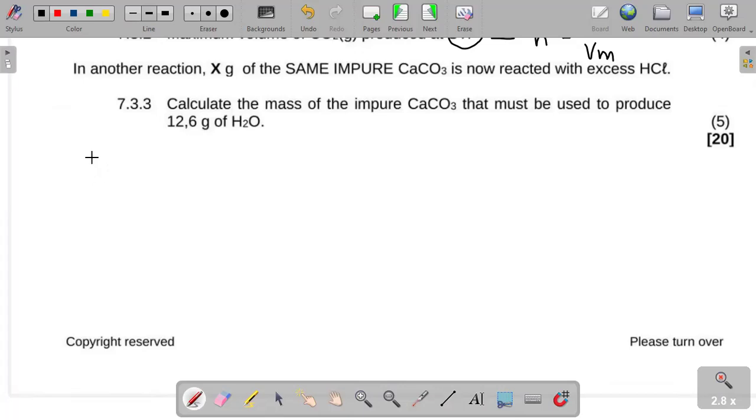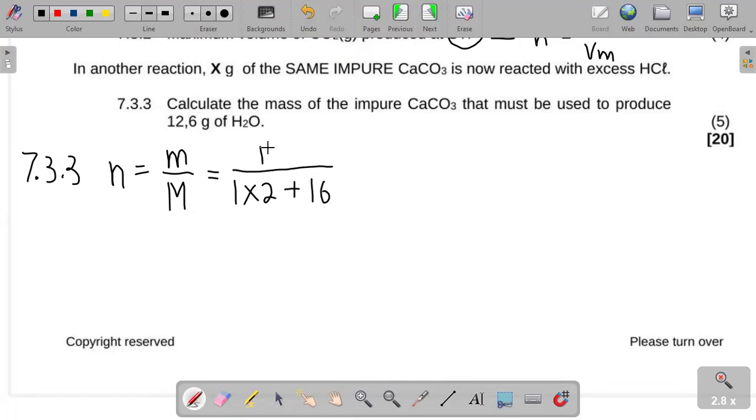N equals the mass here, which is 12.6, divided by 18.